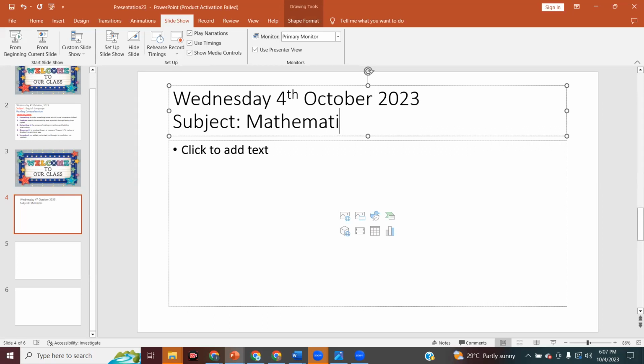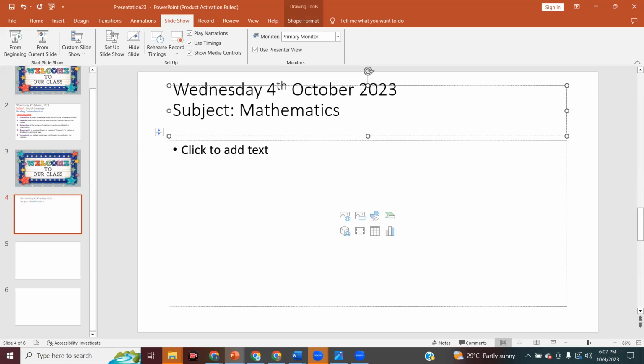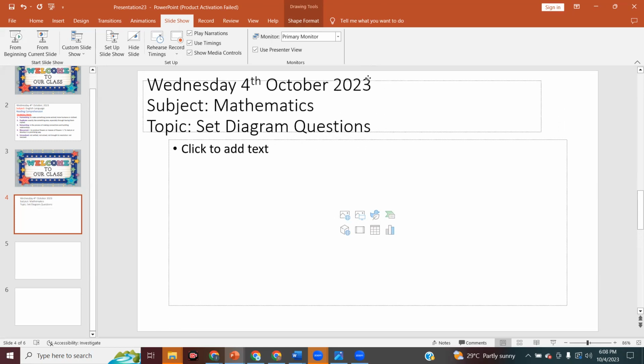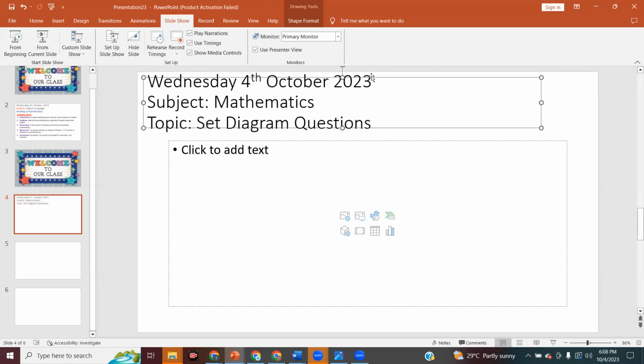All right, so mathematics. The topic is set diagram questions. For this exercise, we're going to be looking at sets represented in roster form, and then we're going to represent them using a Venn diagram.